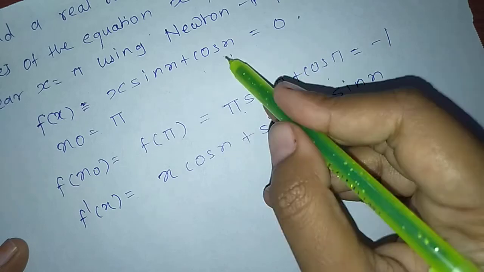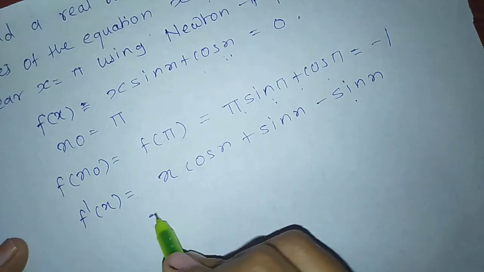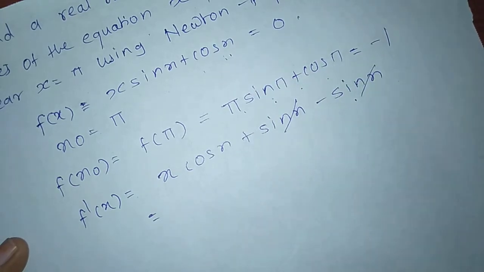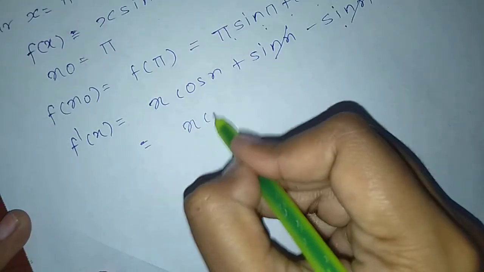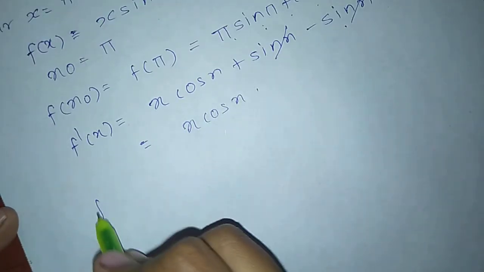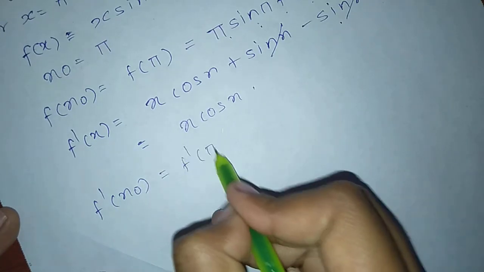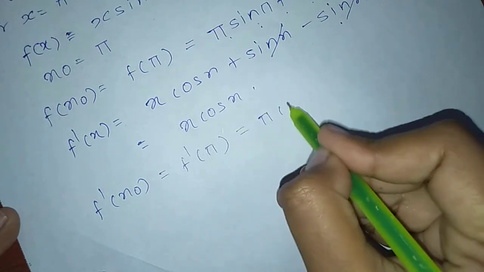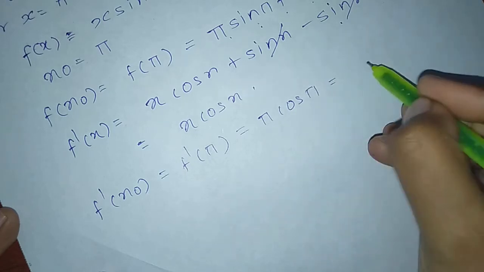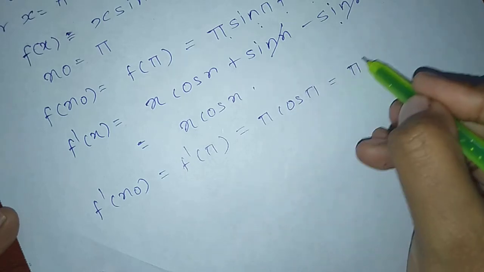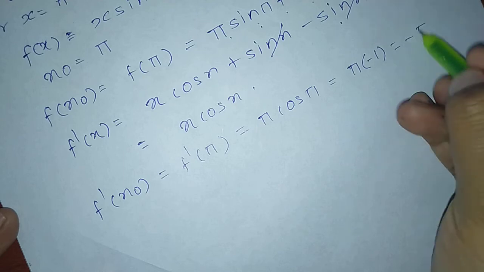The derivative of cos x is minus sin x, so sin x minus sin x get cancelled. We get x cos x. Now f dash of x naught means f dash of pi equal to pi cos pi, which is pi into minus 1, equal to minus pi.